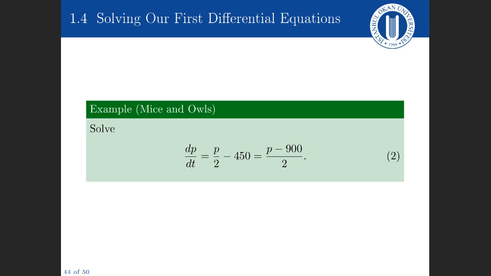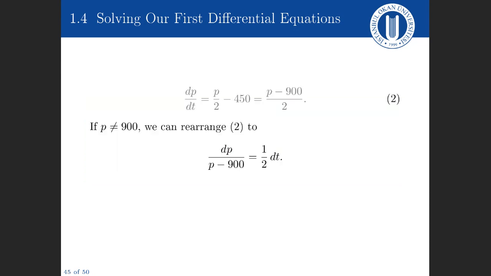Let's do the mice and owls equation first. dp dt is p over 2 minus 450. It's easier to solve if I write this as p minus 900 all divided by 2. Now, what I'm going to do is I'm going to rearrange this. We can divide both sides by p minus 900, and that would move this over to 1 divided by p minus 900 on the left.